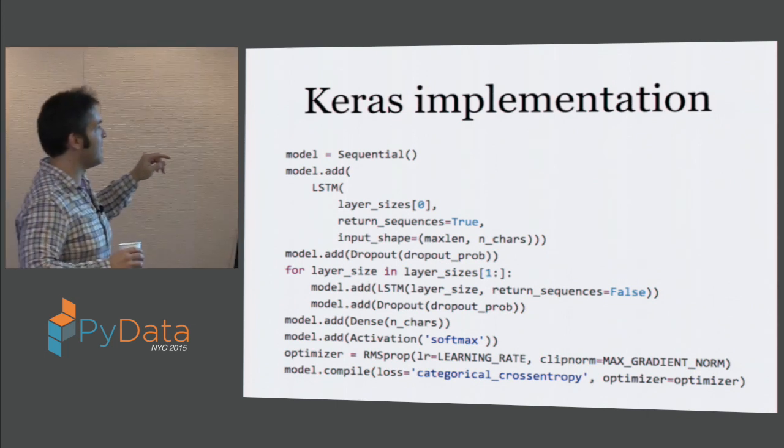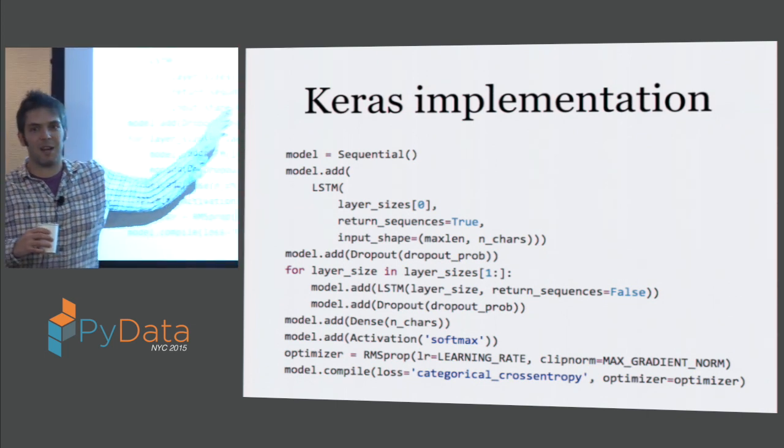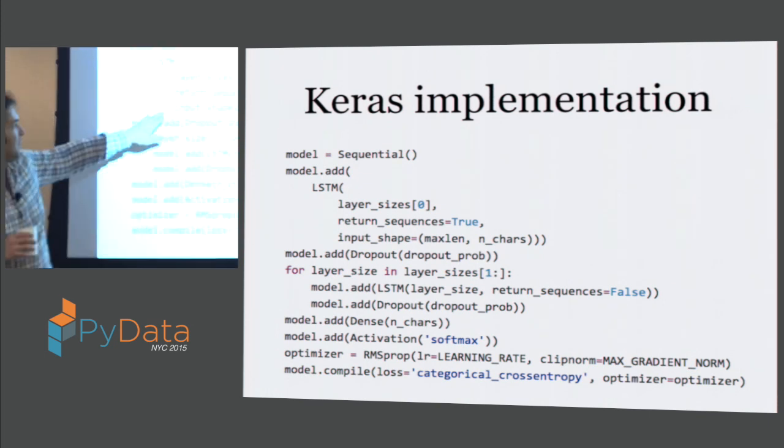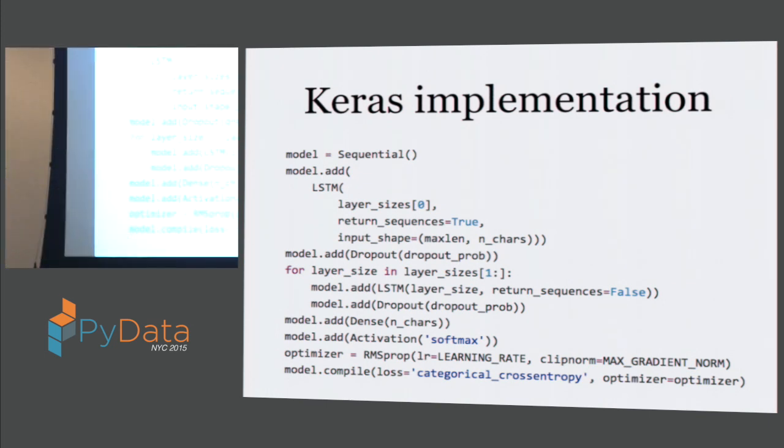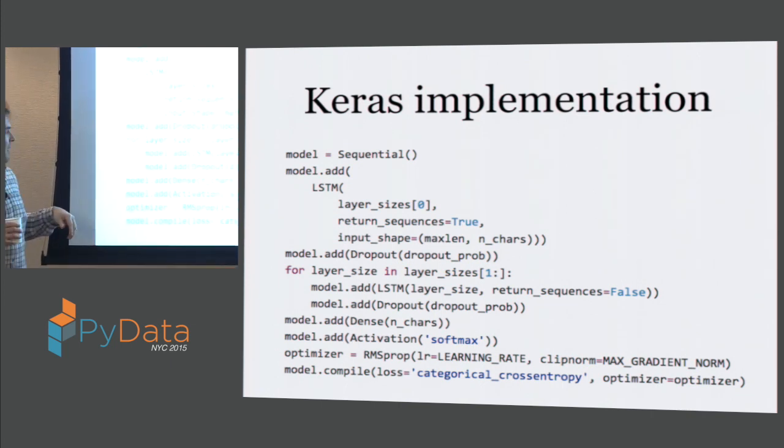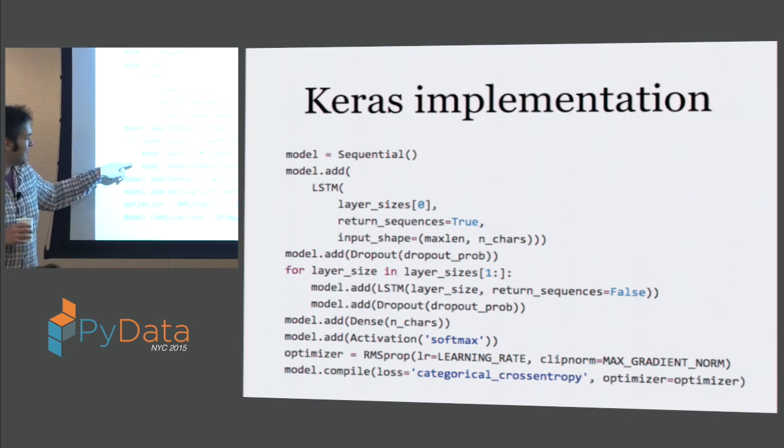And the first one needs to return all of its outputs at every time step. So return sequences equals true means that at every single time step, you should emit an output. So you make a sequence of outputs, which is then getting fed into, oh, this looks totally weird. This only works because there's 2 of them, I just noticed, because they should all have return sequences equals true, except for the last one, whatever.